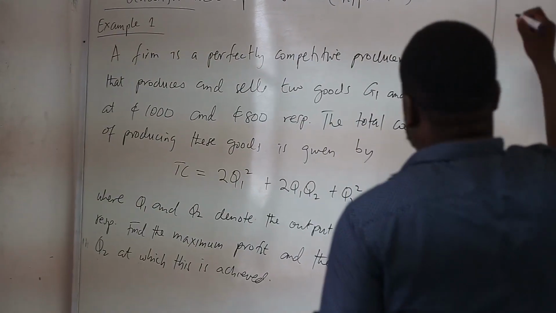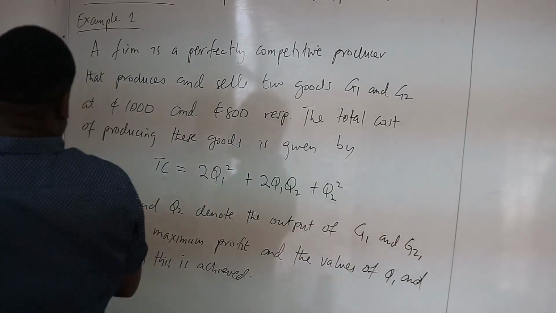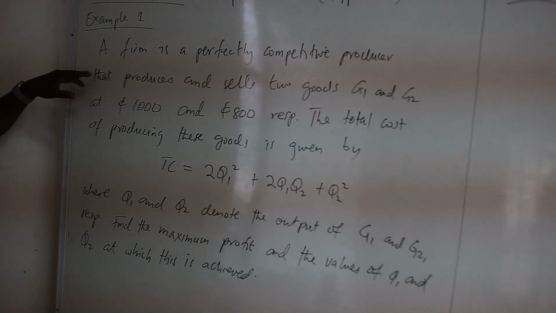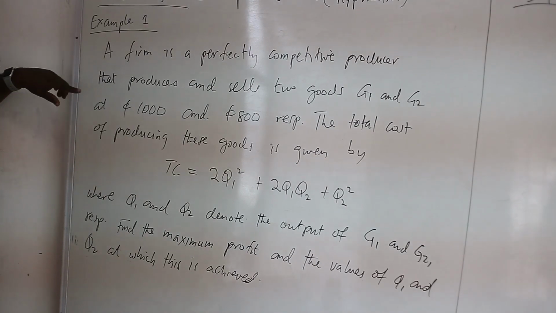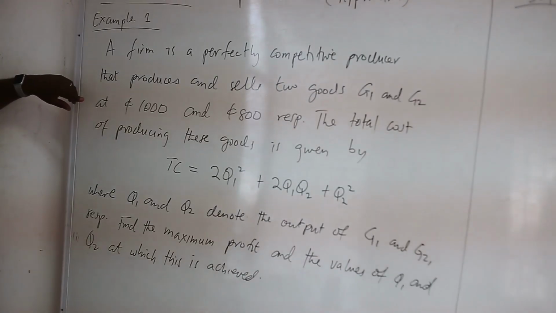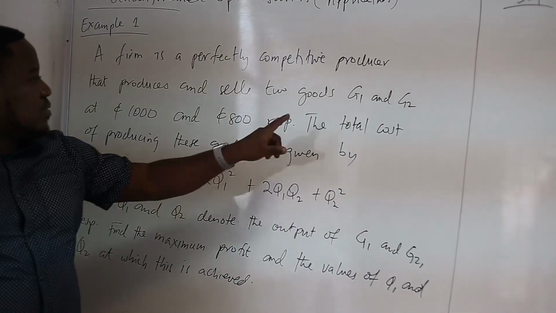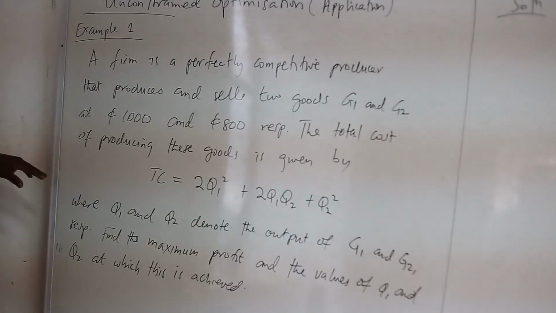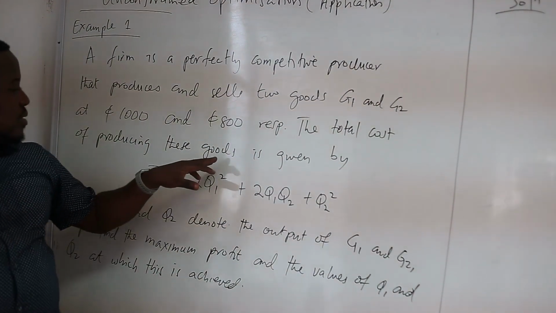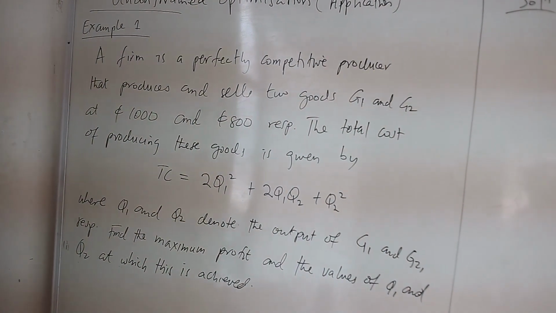So, solution. The question says a firm is a perfectly competitive producer that produces and sells 2 types of goods, G1 and G2, at a price of 1,000 and 800 respectively. It means that the price for G1 is 1,000, the price for G2 is 800. The total cost of producing these goods is given by, for example, it can be Coca-Cola Bottling Company of Ghana.